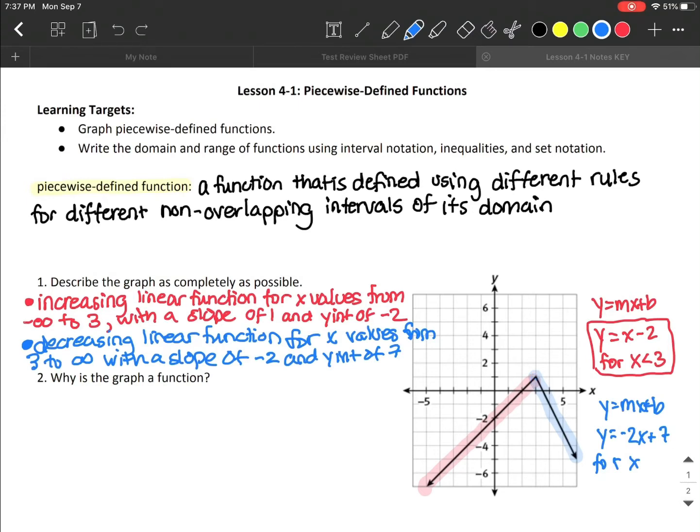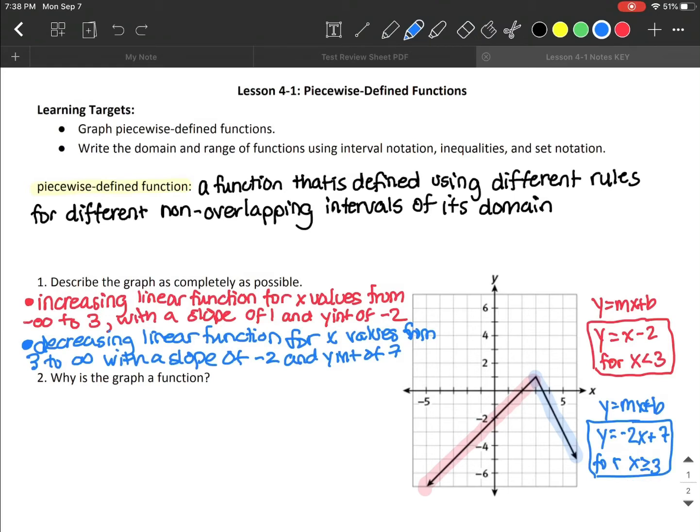It's included in this function, so I have to include 3 in one of my pieces, and since I didn't include it for the red one, I'm going to include it for the blue one by saying for x values greater than or equal to 3. Those are my 2 pieces for the different intervals: x is less than 3 is an interval, and x is greater than or equal to 3 is an interval.